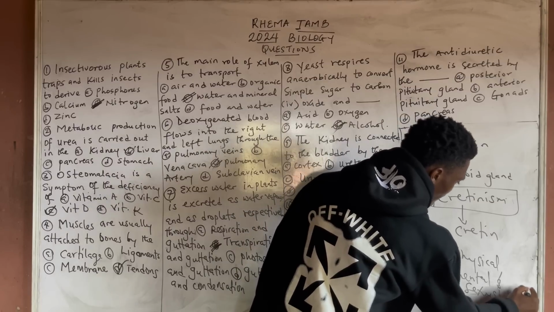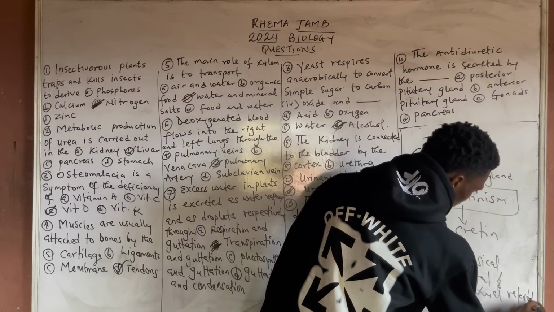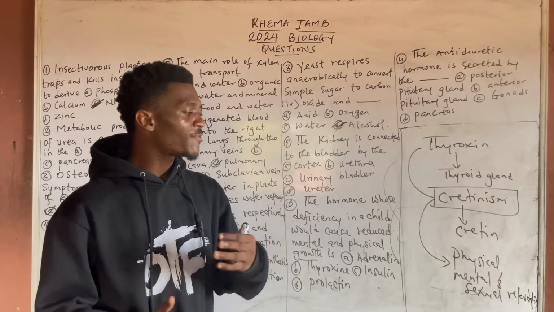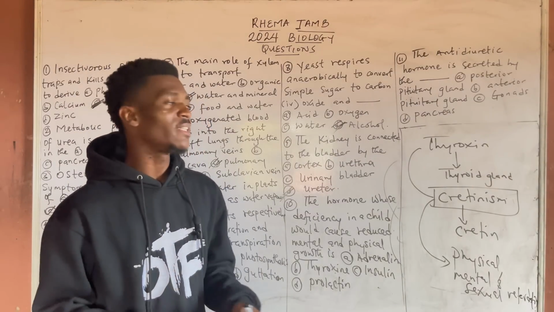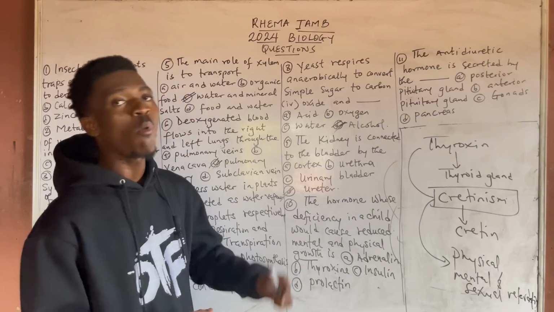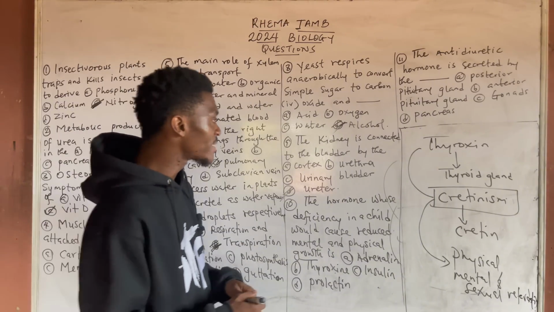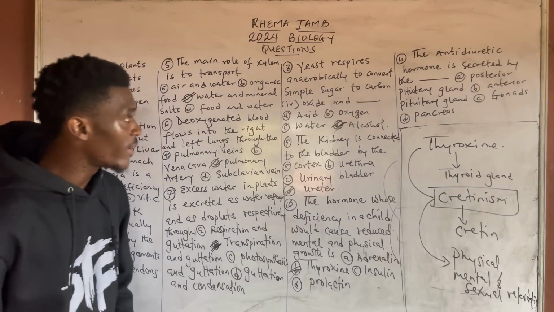So since there is physical, sexual, and mental retardation in the child, the condition is called cretinism, and the hormone whose deficiency results in it is thyroxine. So thyroxine is actually the correct answer.